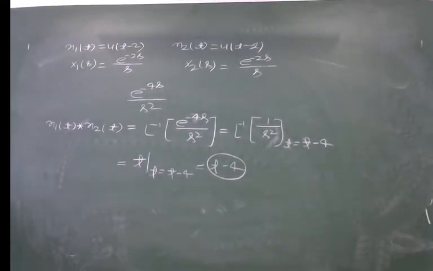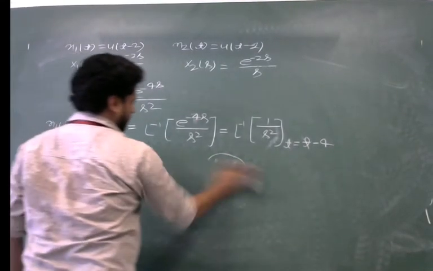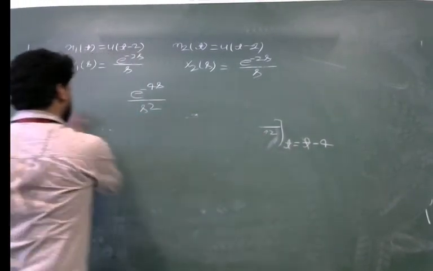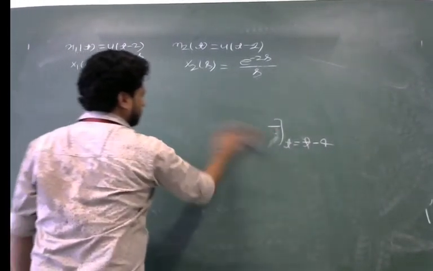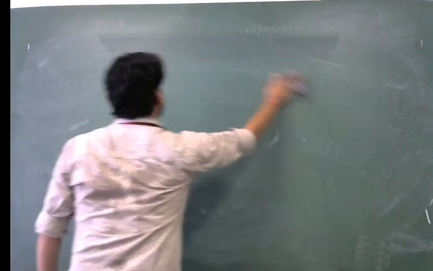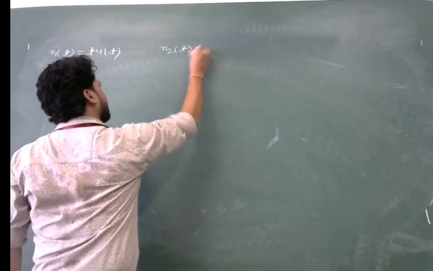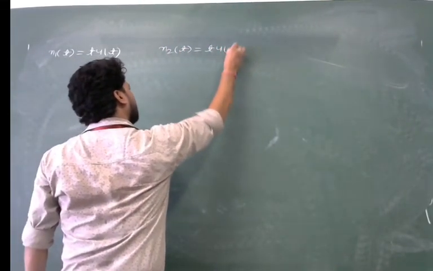The next one: two signals are given as t u(t) and t u(t). So x1(t) is given as t into u(t), and x2(t) is given as t times u(t).